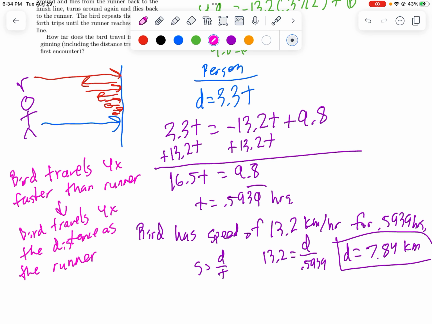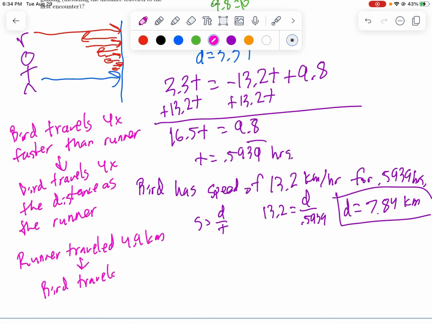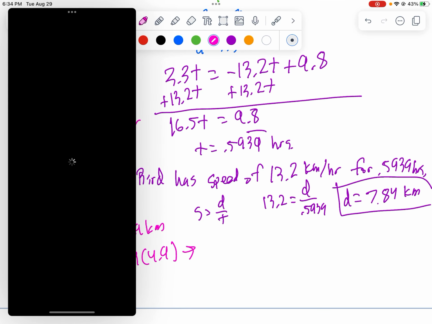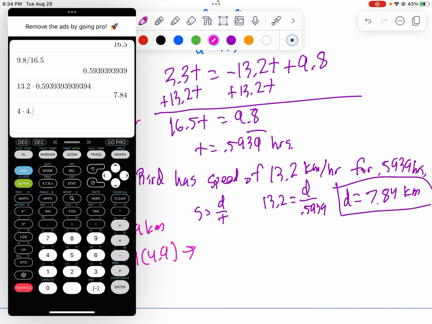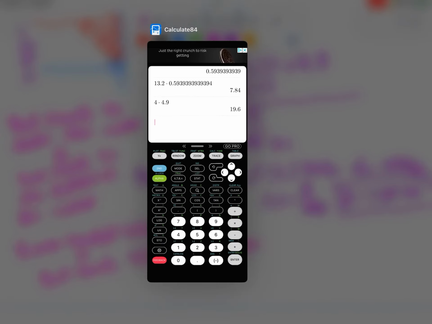So if you travel 4 times faster than someone, you're going to travel 4 times the distance of someone. So the runner traveled 4.9 kilometers. So that means the bird travels 4 times 4.9 kilometers. That is going to be 19.6 kilometers. Sweet.